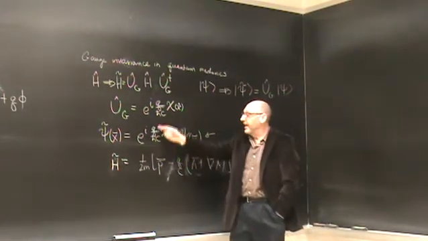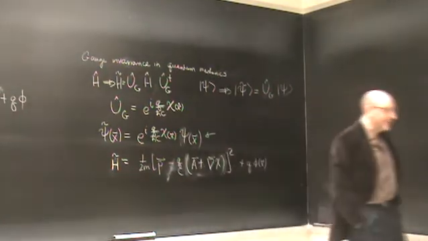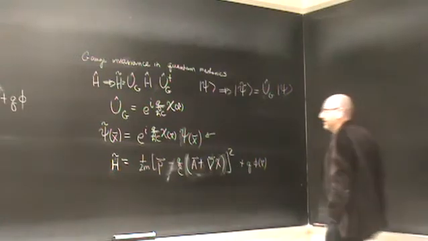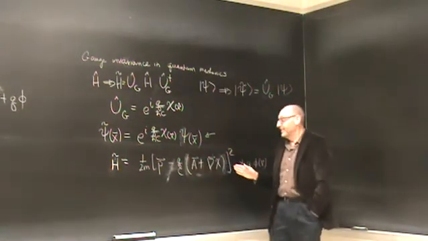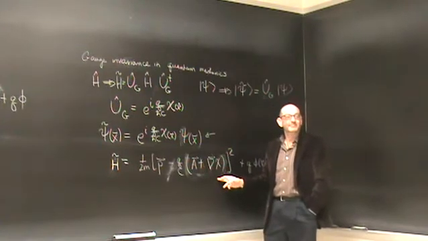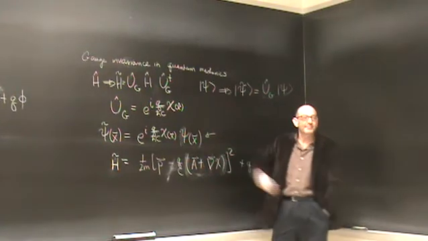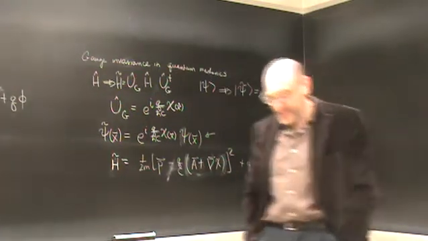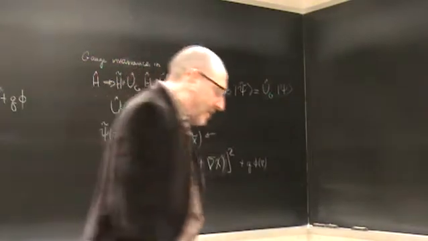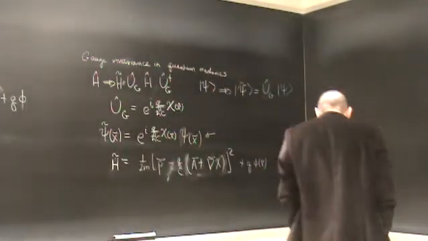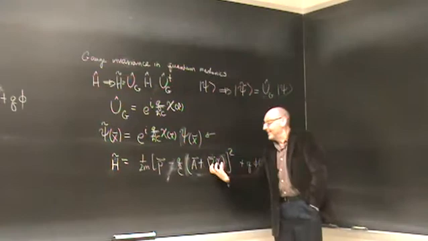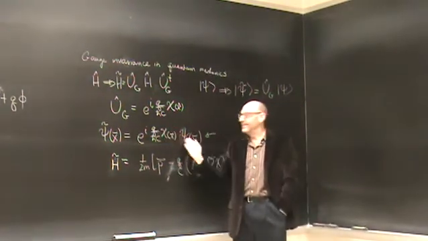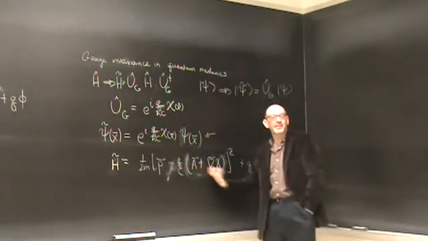And if that phase is position dependent, then the only way that I can make the Schrödinger equation the same is to shift the momentum with this extra term here. So that is a way of arguing that quantum mechanics insists there must be something like the vector potential. If we want gauge invariance, then we must have a vector potential.